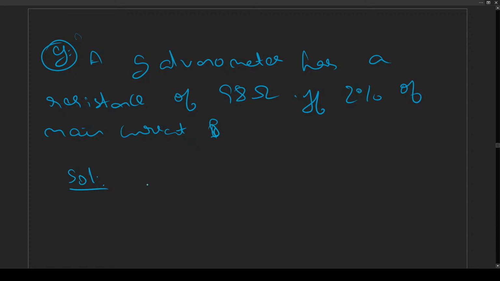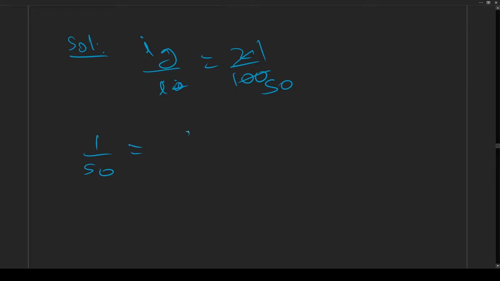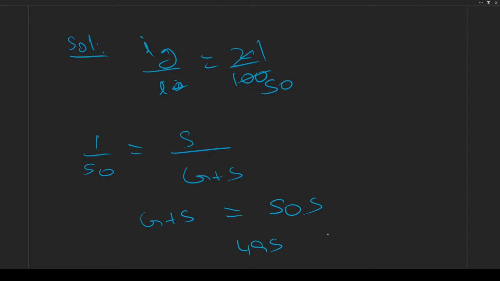Solution: Ig by I is equal to 2 by 100, 1 by 50, which is equal to S by G plus S. So G plus S is equal to 50S, 49S is equal to 98 ohm.